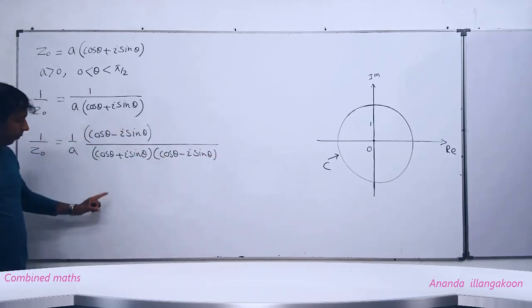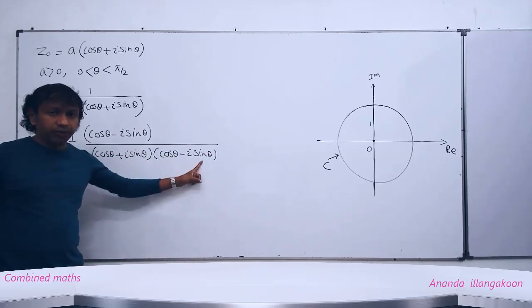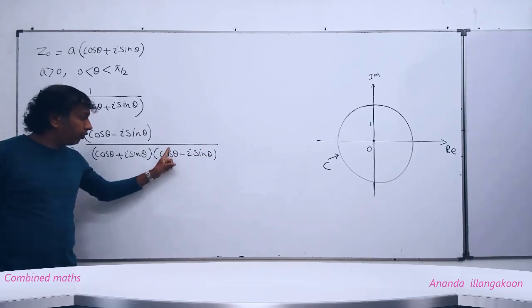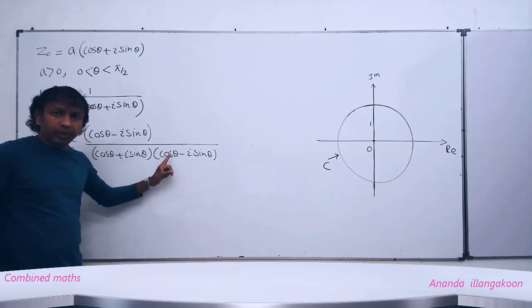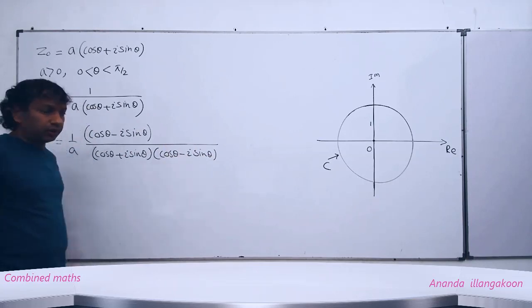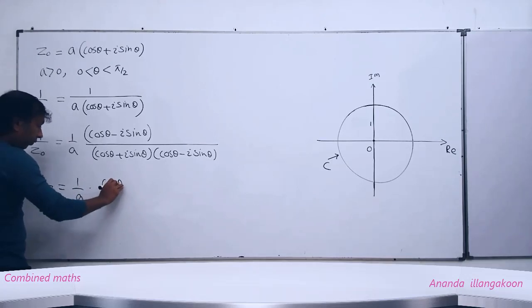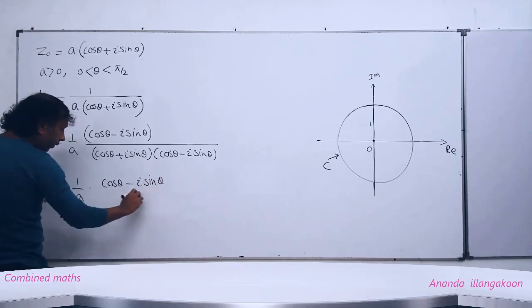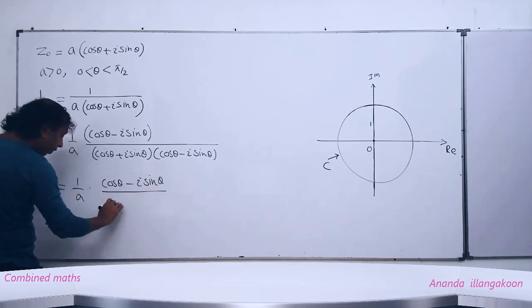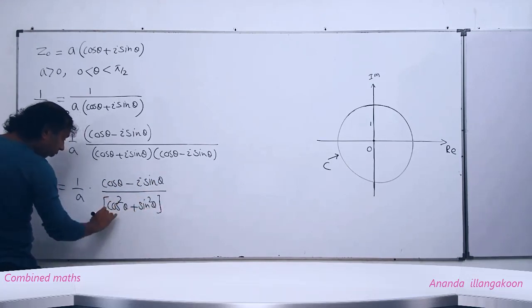Then here we have a plus b into a minus b form. That is a squared minus b squared, the square of this minus the square of this. Here i squared is minus 1, that minus and this minus make plus. Then we get cos squared theta plus sin squared theta in the denominator, which is really 1.